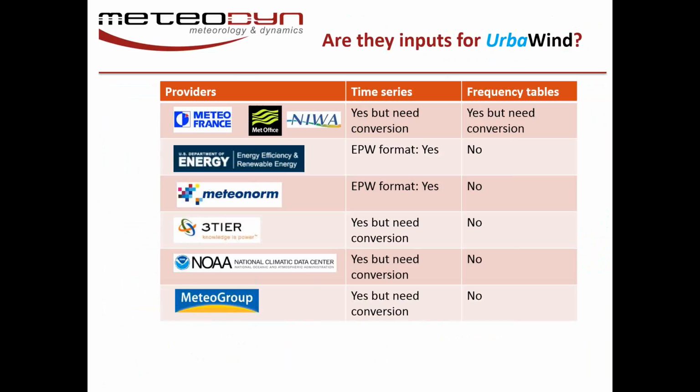And for the others, you just need conversion of time series, with Excel for example. For the frequency table, you can ask national providers. Usually, you need a conversion of data with a chart.